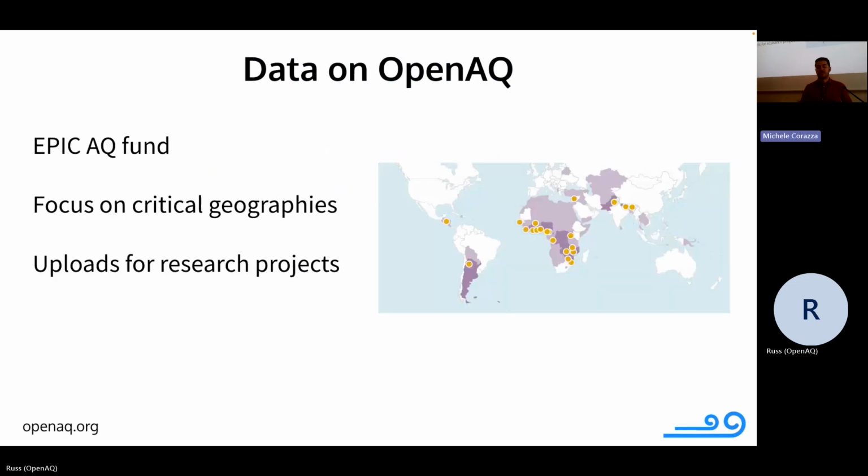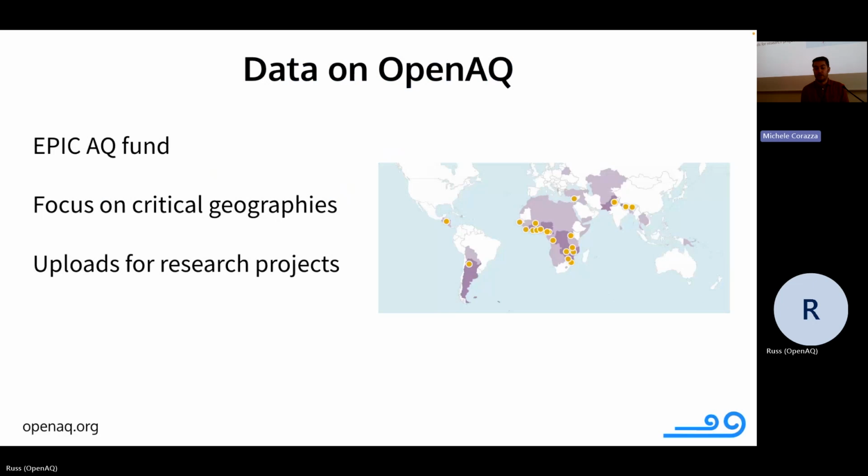So a new emphasis of OpenAQ is really trying to focus on critical geographies, particularly in the global south, and particularly in areas that have no air quality monitoring. A big piece of this is we're working with the EPIC-AQ Fund, which is out of the University of Chicago. They're funding a lot of projects and requiring that the data be openly shared with OpenAQ.